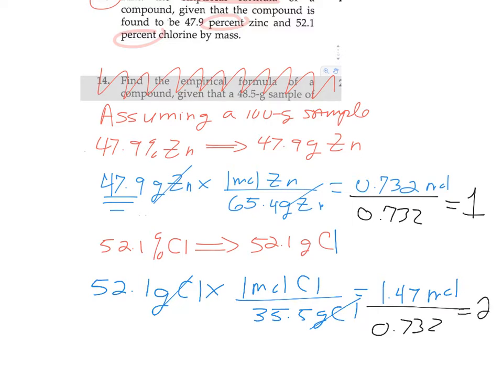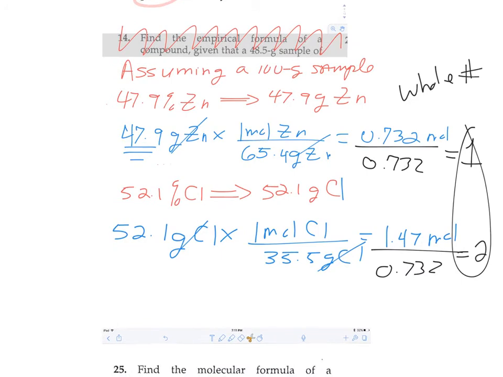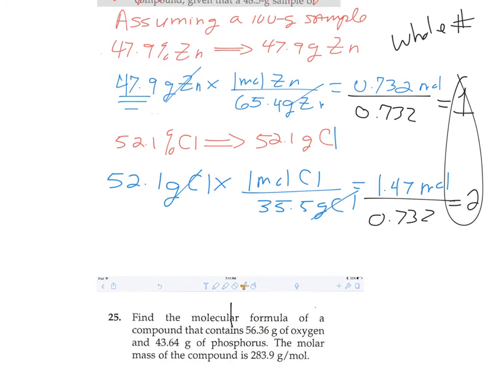0.732 is a whole number multiple of itself, and 1.47 divided by 0.732 gives us a whole number relationship of 2. At this point, we want the whole number. We don't want sig figs. We just want to know how these two numbers relate to one another, and it's always going to be a whole number relationship because that's how it works with compounds.